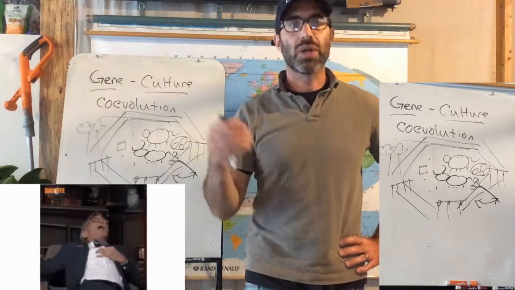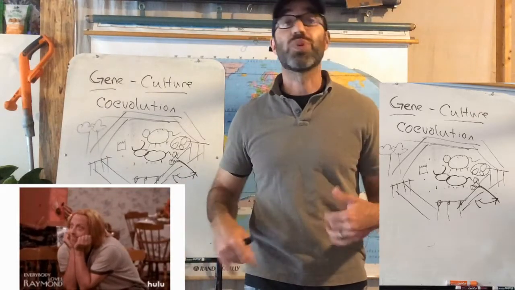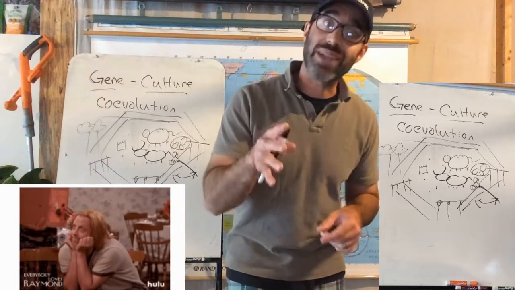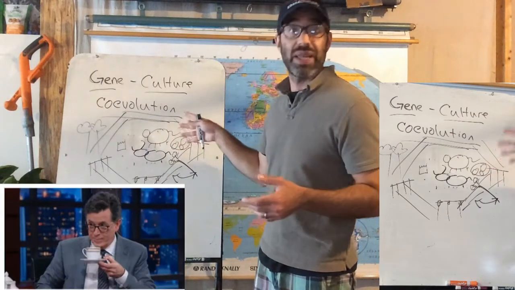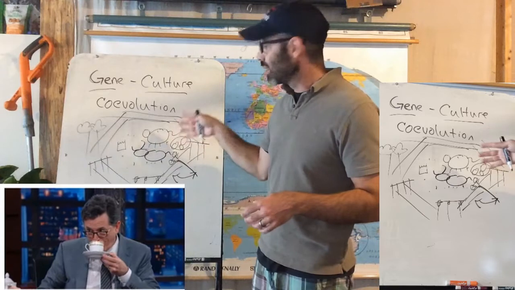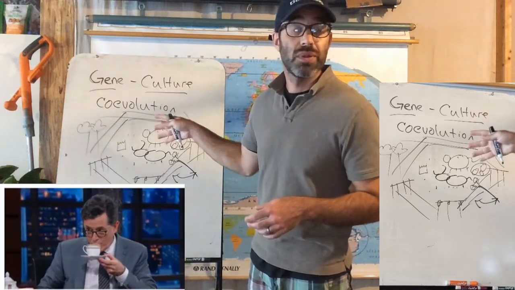Gene, culture, coevolution. The gene for the ability to produce lactase as an adult is the result of our ancestors domesticating cattle 11,000 years ago, 10,500. That is a direct result of culture.